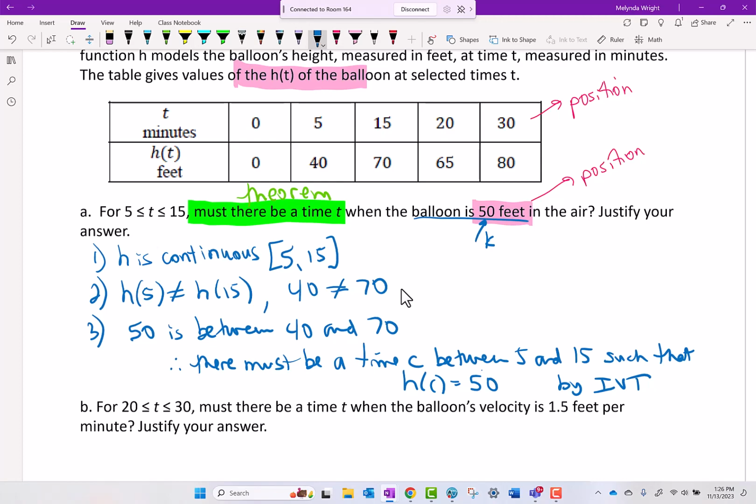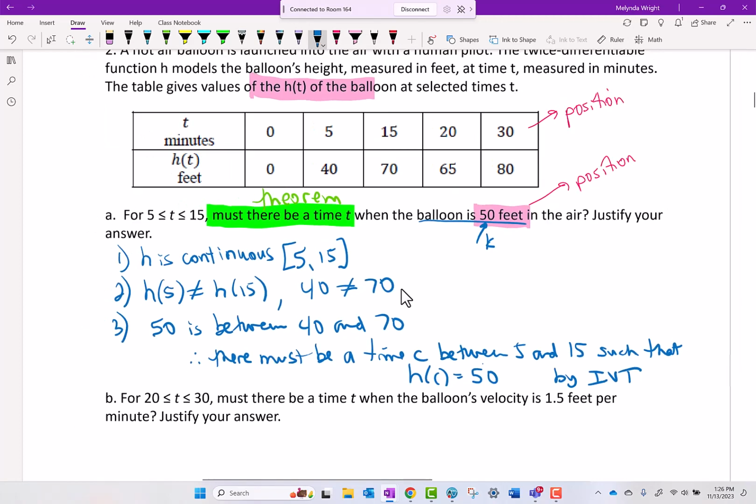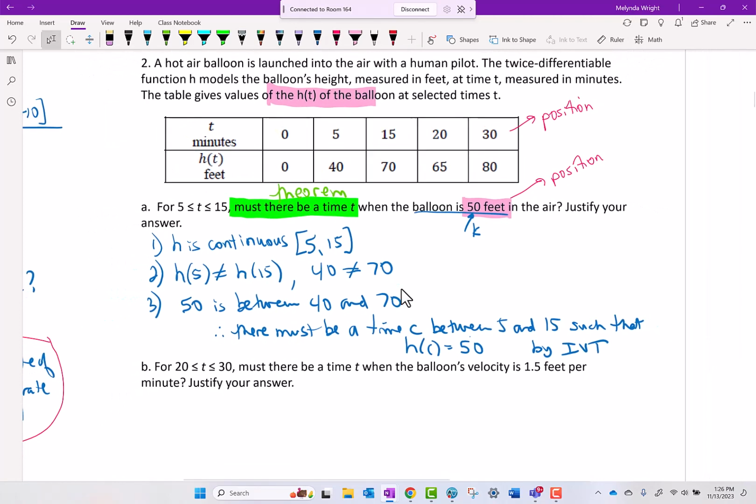All right. The last part of this question. For 20 to 30, must there be a time t? Okay, here we go again with the must there be a time t. This should scream to you, this should scream theorem. This is a theorem. Must there be a time t? That is talking about a theorem.